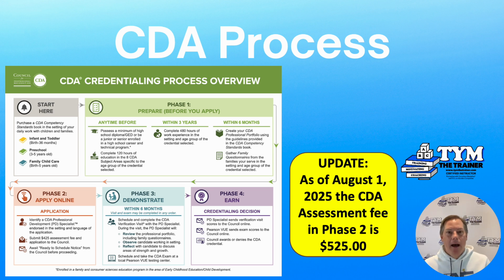All right. So with that being said, y'all, this is a process and it takes time. All right. This is not something you can do in a weekend. This is not something you can do in a week or two. All right. I would say that the average person spends about 6 to 9 months working towards their CDA. And we want you to take your time.